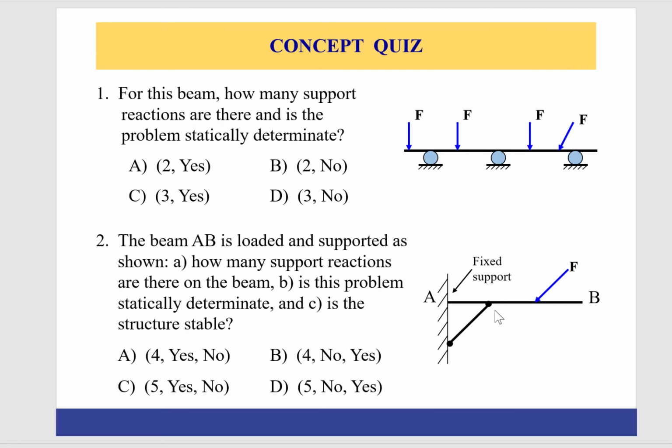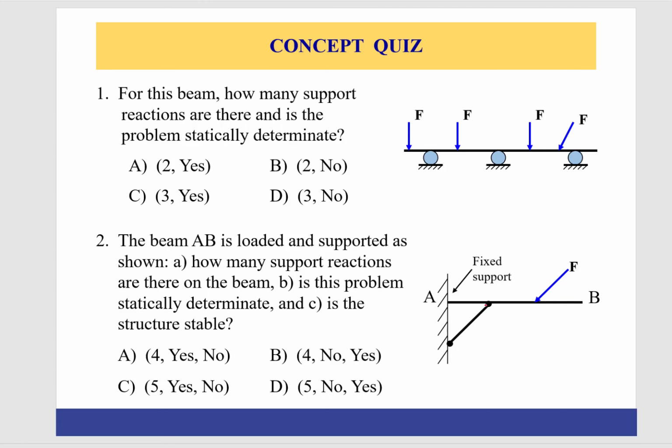Also, we have an additional support, an extra support that is connected to this beam, and the reaction force at this point is going to be along the beam direction, right? It's going to be along the beam direction.